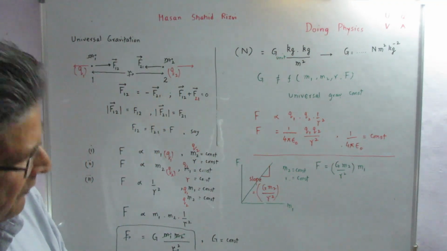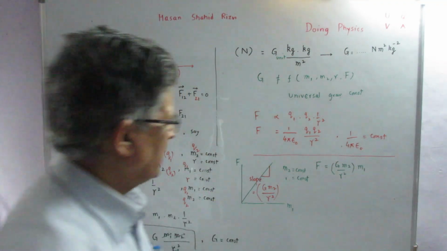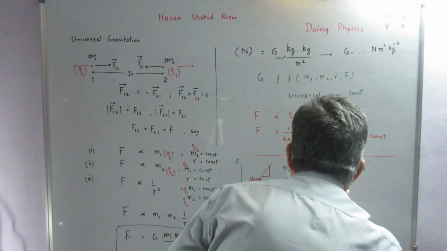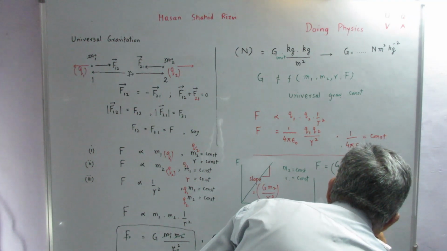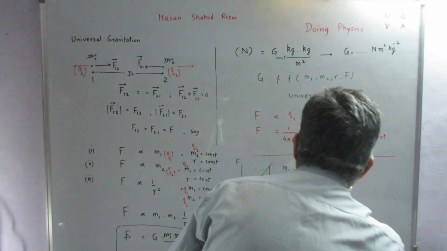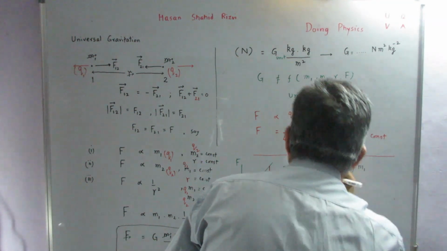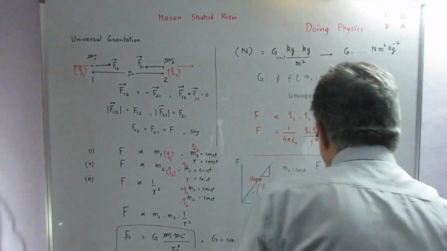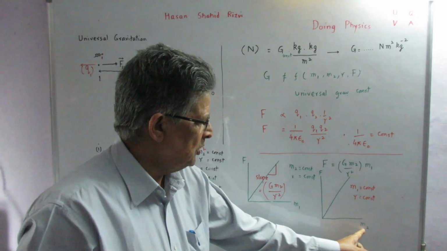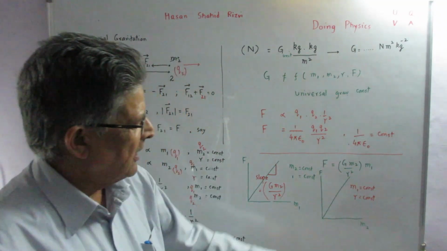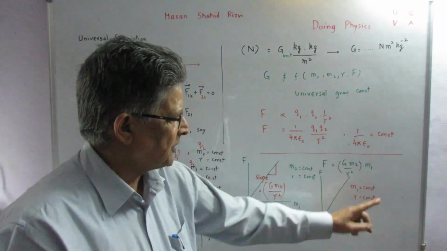Similarly, if I plot F versus M2, F here in newtons and M2, I'll get a similar thing which is easy to understand. What I have here is F as a function of M2, with M1 and R as constant.